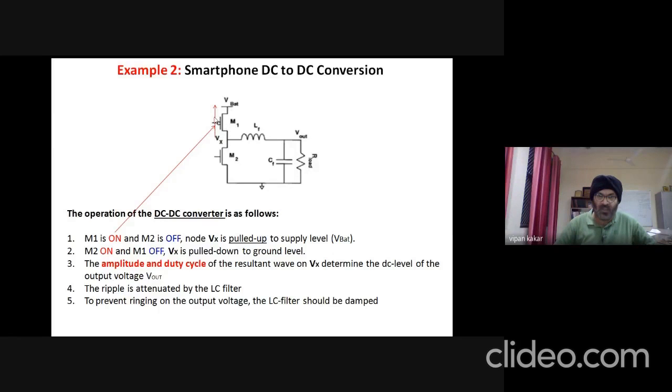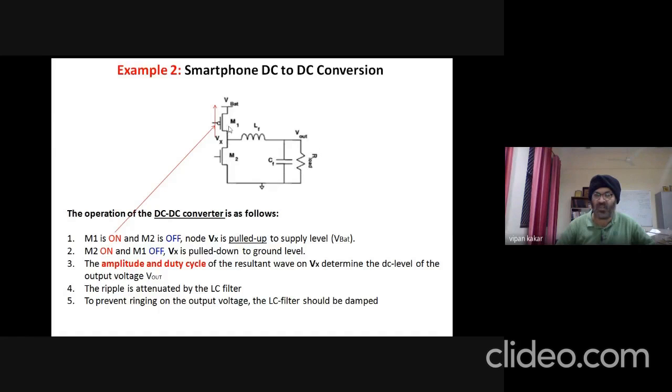So just by using these two switches, we can actually step up or step down the voltage at the load, which is based on the amount of energy stored in the inductor. If M1 is on for a longer duration of time, only a small energy will be thrown over here, so less voltage will be received over here.